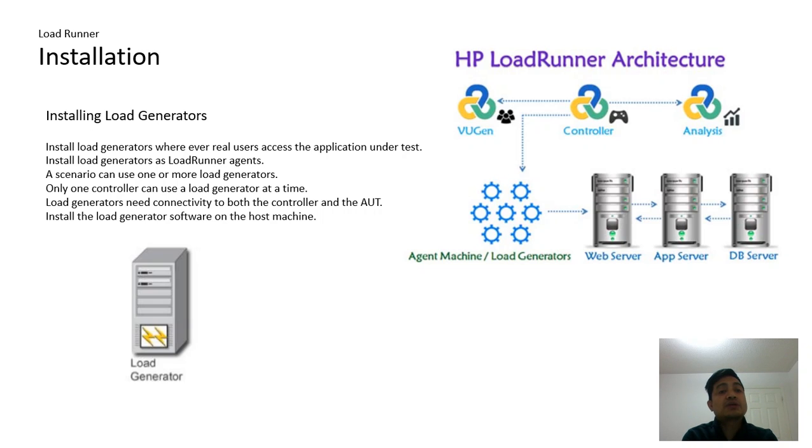A scenario can use one or more load generators, but only one controller can use a load generator at a time. A load generator needs connectivity to both the controller and the AUT. AUT means application under test. So install the load generator software on the host machine.